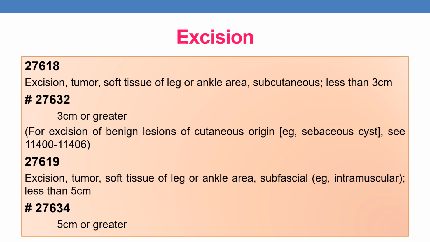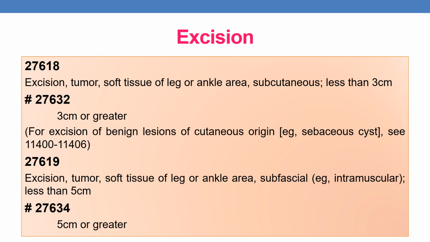The next CPT is 27618. It deals with excision, tumor, soft tissue of leg or ankle, subcutaneous, less than 3 centimeters. If the tumor size is 3 centimeters or greater, then the CPT is 27632. This is an out of numerical sequence CPT because after 27618 we are getting 27632.